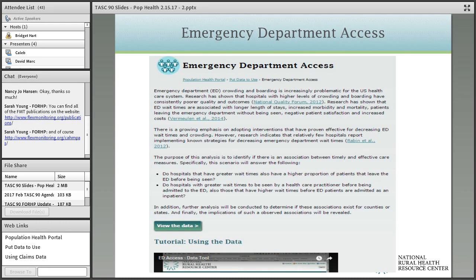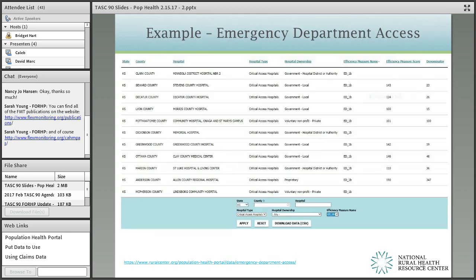The purpose of this analysis is to identify if there's an association between timely and effective care measures, such as: do hospitals that have greater waiting times also have a higher percentage of patients that leave the ED before being seen because they've waited so long? Or looking at the wait time and then those that are admitted to inpatient. This scenario uses Hospital Compare data from 2016.